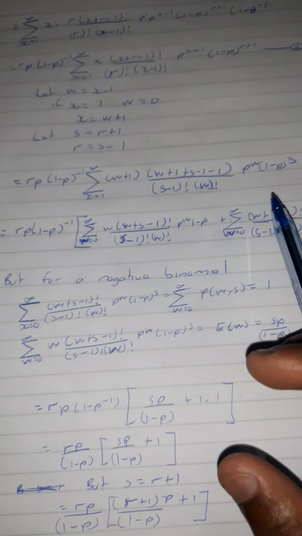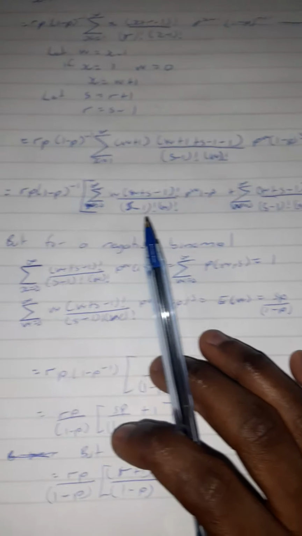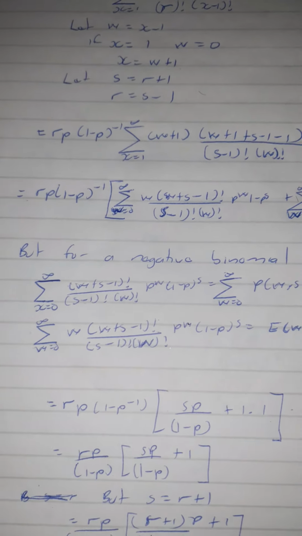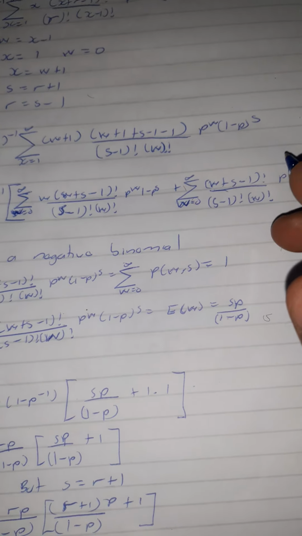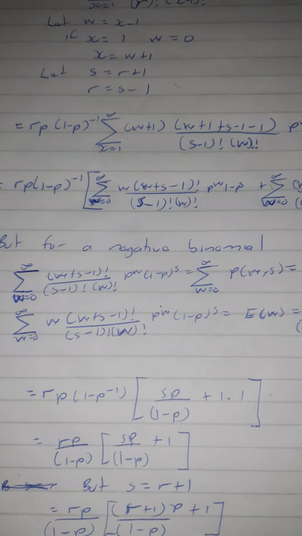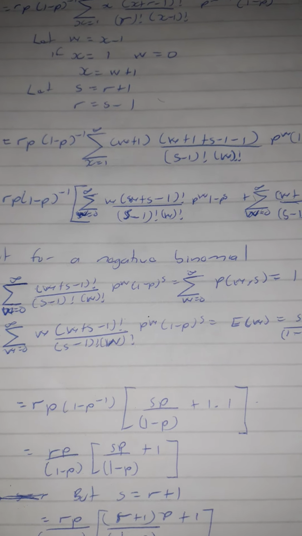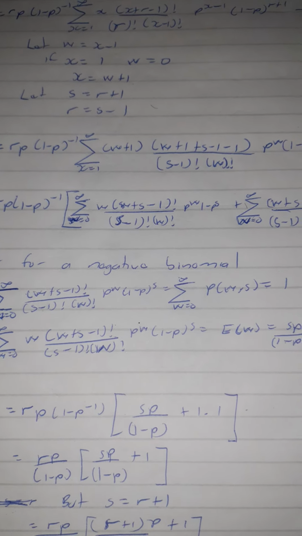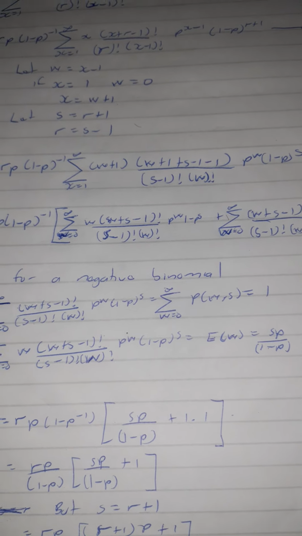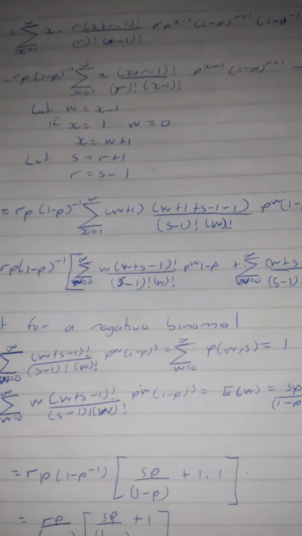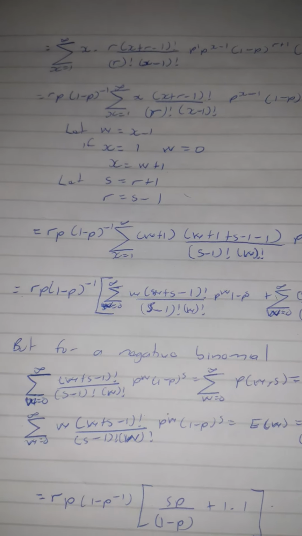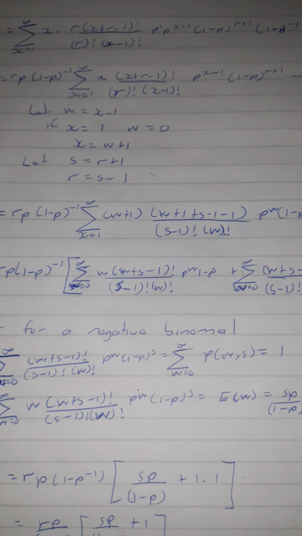So now from this expression we can say the summation of w from 0 to infinity of (w plus s minus 1) factorial over w factorial (s minus 1) factorial, p^w (1 minus p)^s.